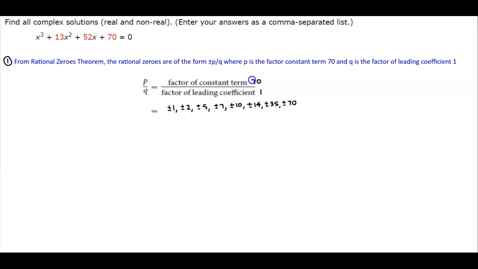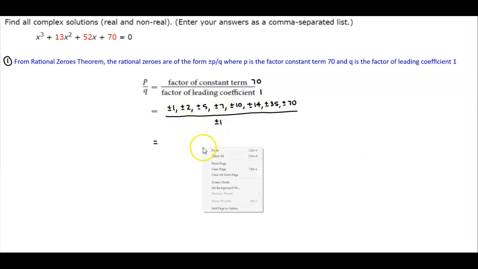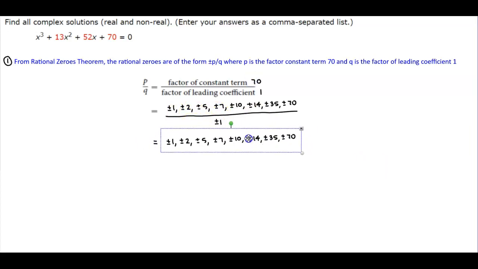Then we divide by the factors of the leading coefficient, which is plus or minus 1. If we divide everything by 1, we get what we have in the numerator, which is plus or minus 1 all the way to plus or minus 70.